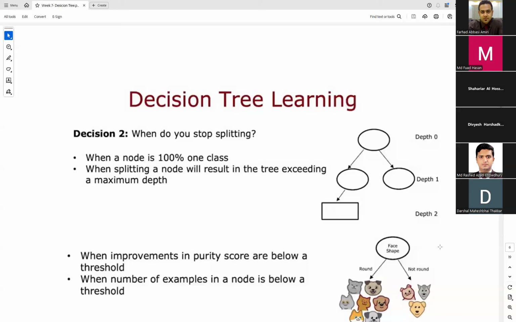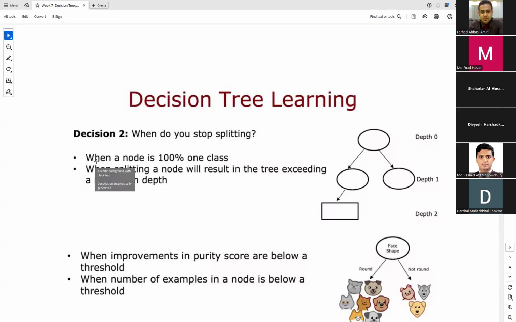So by keeping your decision tree small enough, you can reduce the risk of overfitting, right? So somewhere you need to stop. But what is that point, when you can decide to stop your decision tree and not go one level further downward?